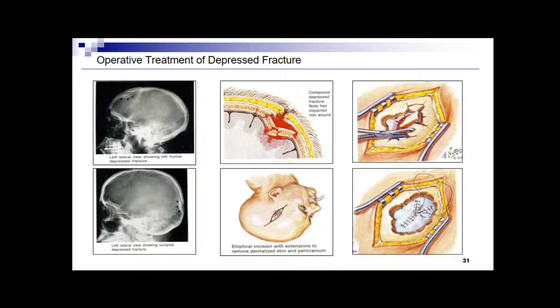Decompressive craniectomy. You must remove the bone fragments, make the impressed surface even, and you should inspect the dura mater of the brain for any damage. If a hematoma is present, you must evacuate the hematoma.